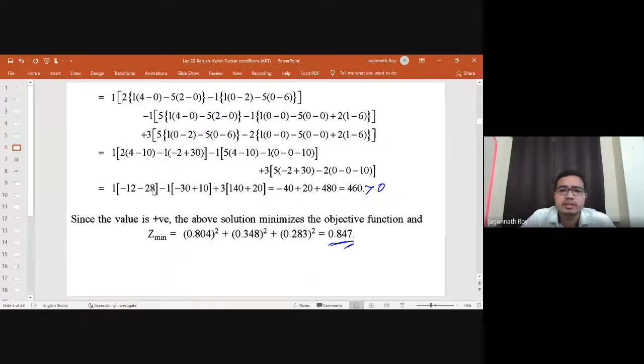So we found the bordered Hessian matrix and its minor of order 5, and found that this is a minimization problem.